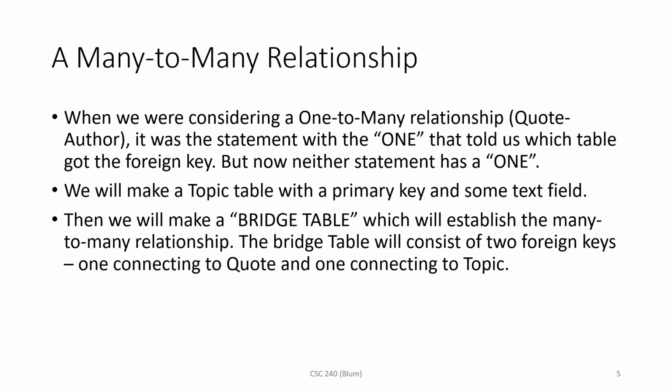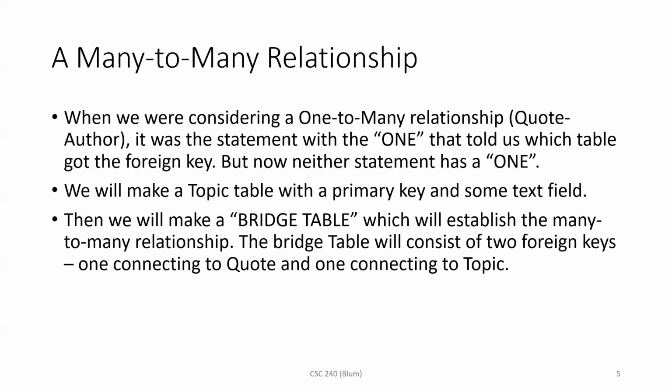Okay. When we considered the author-quote relationship last time, which was a one-to-many relationship, and we made these statements, one of the statements had a one in it: a quote was by one author. The statement with a one in it told us which table was the one with a foreign key.